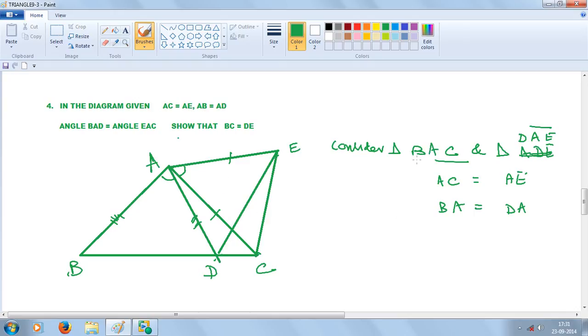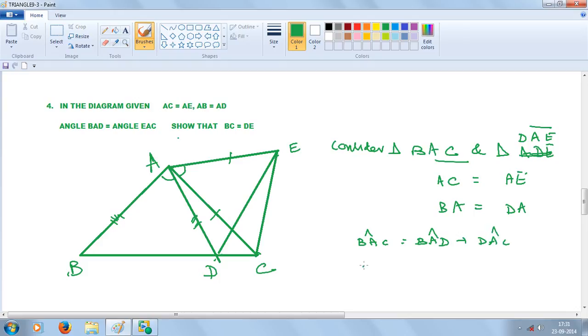So what about angle BAC? Angle BAC is equal to angle BAD plus DAC.